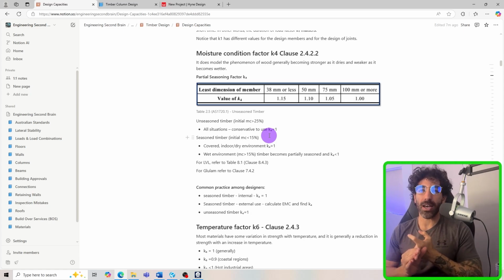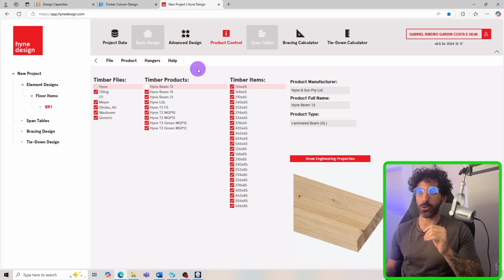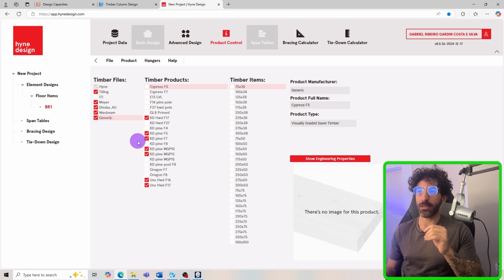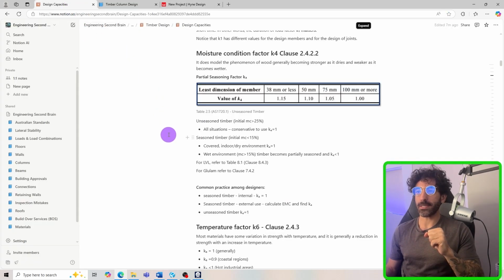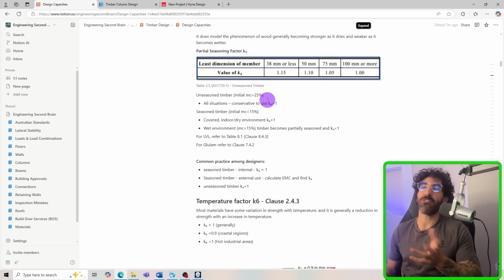If you go to Hein and then you go to product control, let's say generic, you can see U and S hardwood, that means unseasoned hardwood. And then you've got KD, which stands for kiln dried. So you've got kiln dried pine. And then for unseasoned, it means it will have an average moisture content that exceeds 25%.